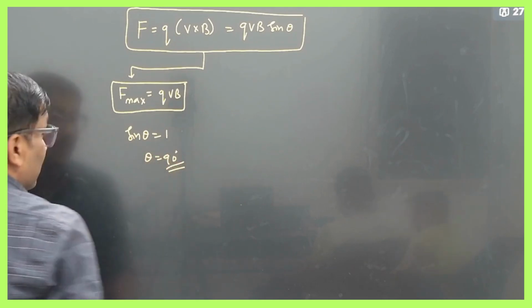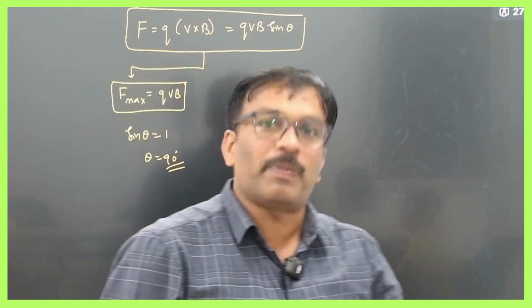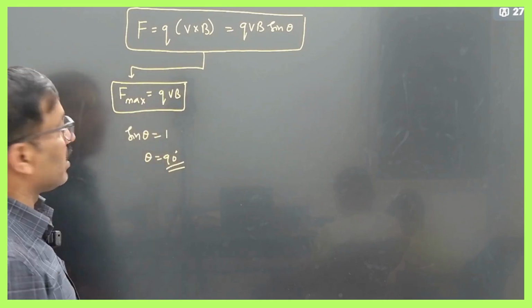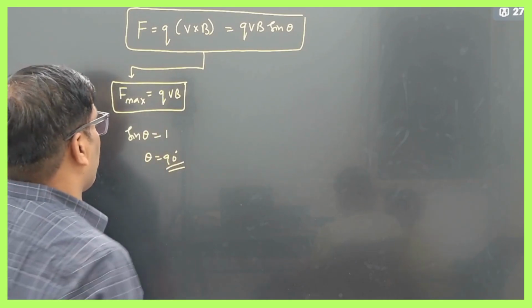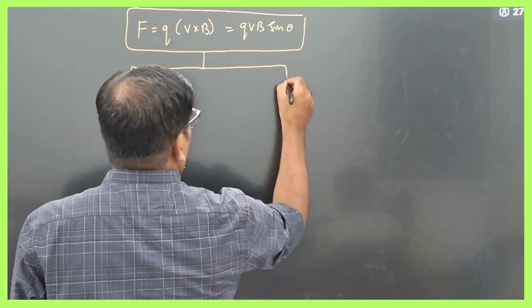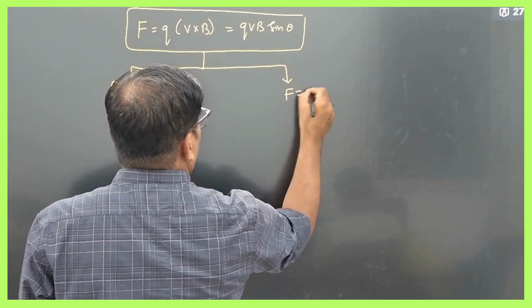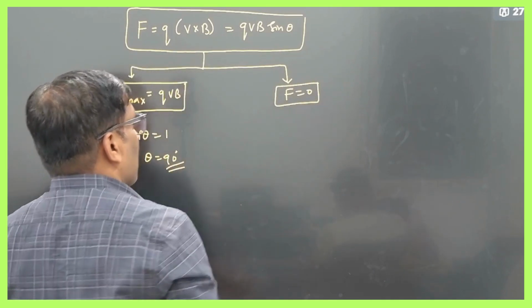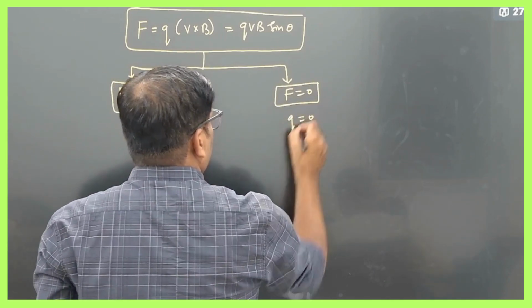That means if a charge enters perpendicular to the magnetic field, it experiences the maximum force. And when is the force zero? If the charge is zero, the force is zero.